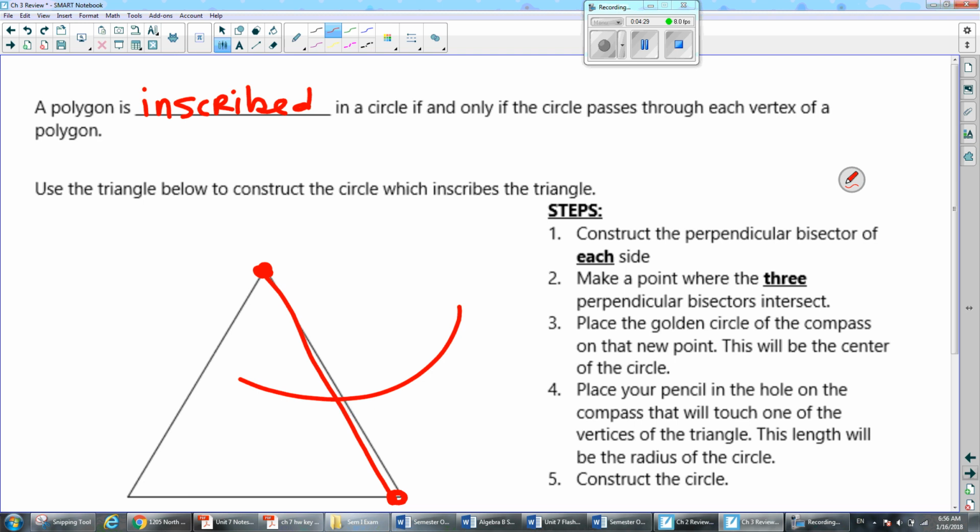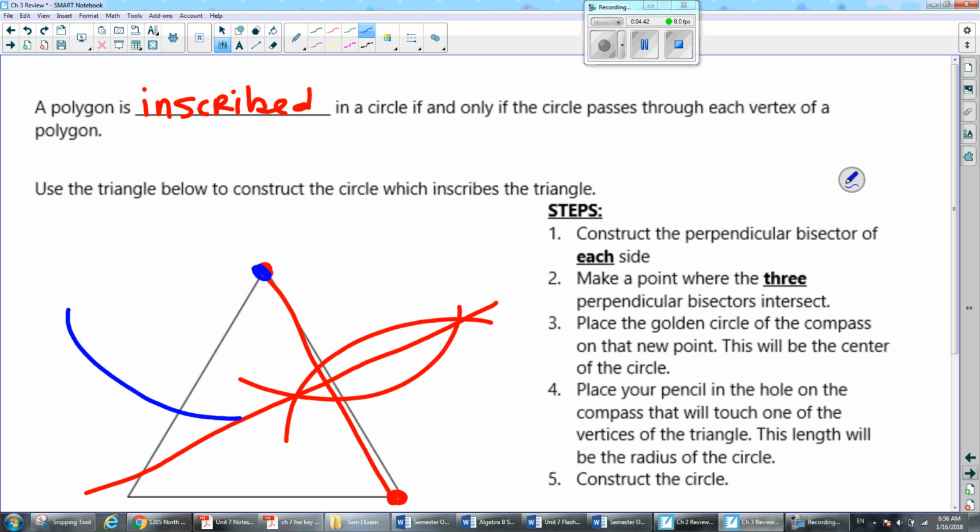Same on my other end, put the golden circle here, make that arc. If I connect those, there's 1 perpendicular bisector. Have to do the same thing on this side, put my golden circle here. Make a big arc, put my golden circle here, make that same arc. They'll cross.